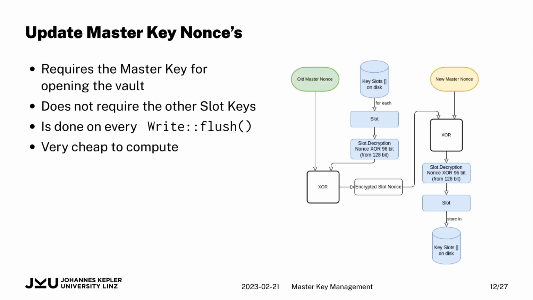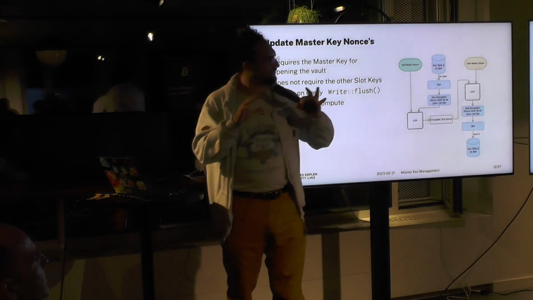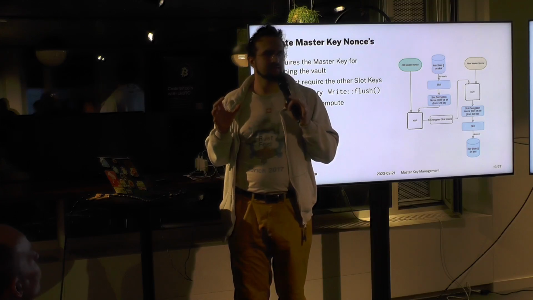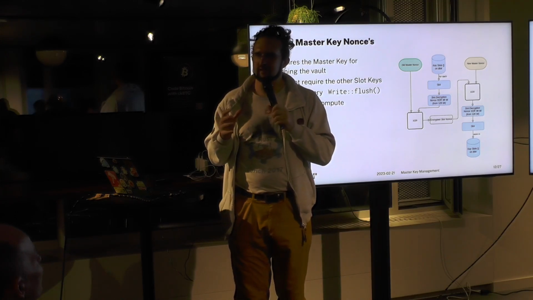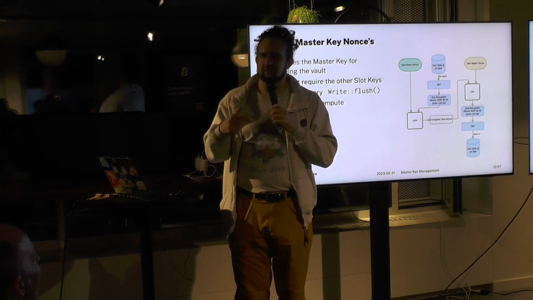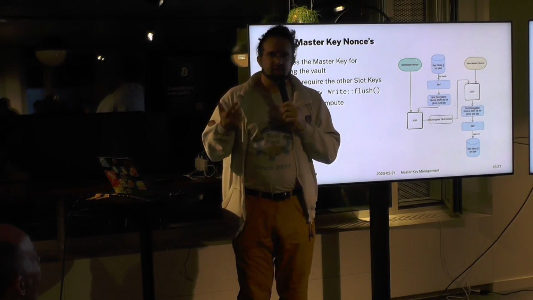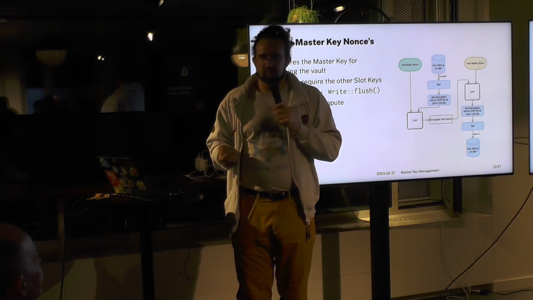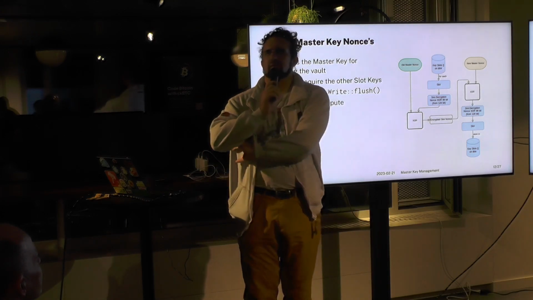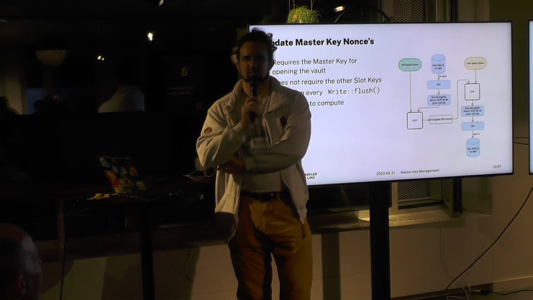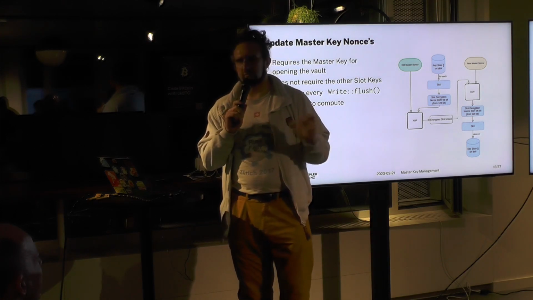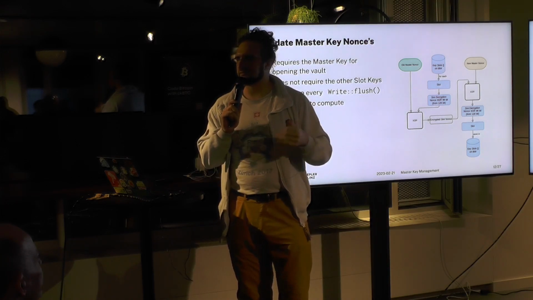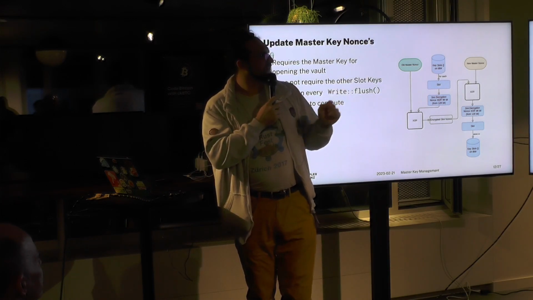There's another thing we need to do. We have these nonces that we keep updating all the time. The master key nonce is used for the index file. Every time we touch that, we need to update that nonce. Every time we add a file, remove a file, maybe it shrinks, or we change any of the attributes, we need to update that nonce. We don't have the other keys. We just have this one key that the user or the TPM or the hardware security module gave us, and we have the new nonce.